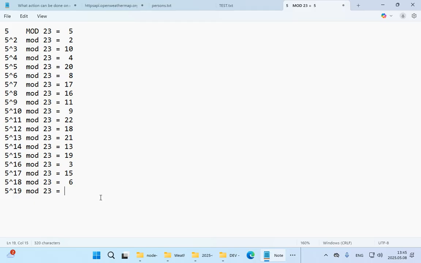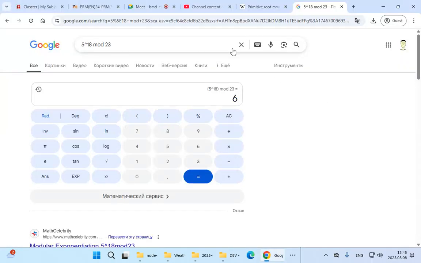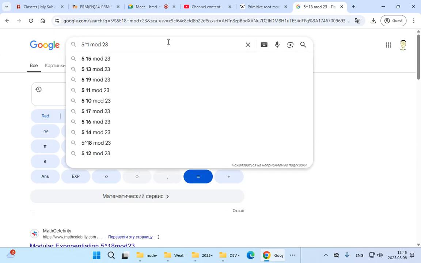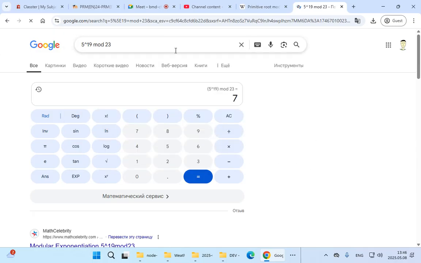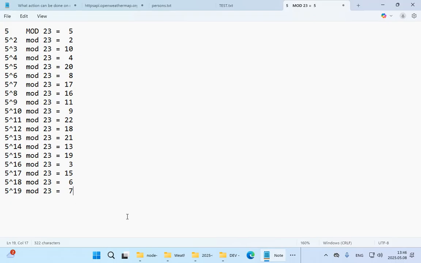So 5 to the power of 19 mod 23. How much is there? 7? I think 7, but let's check. Yeah, 7. Then 5 to the power of 20 mod 23.